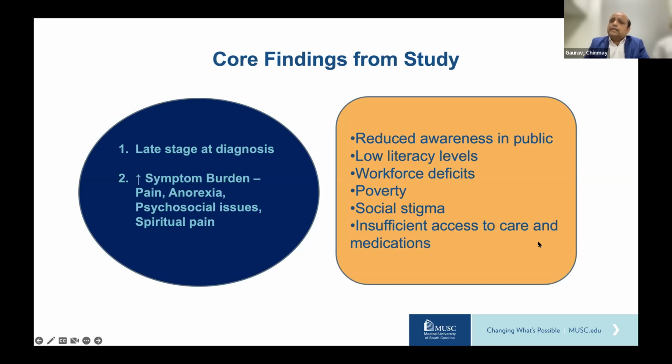Cancer carries a huge social stigma in our country, and people in rural settings are afraid that if they are diagnosed with cancer, social interaction would stop, people would stop coming to their house, people would stop caring for them. And of course, insufficient access to care and medications.